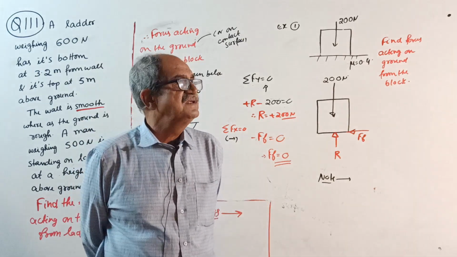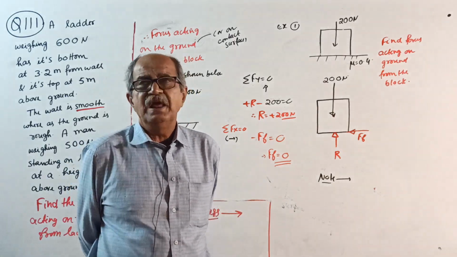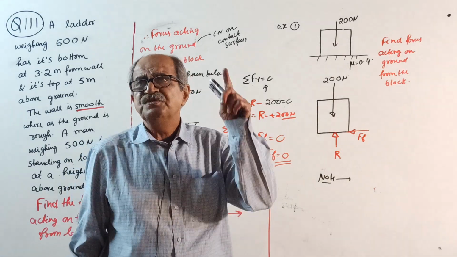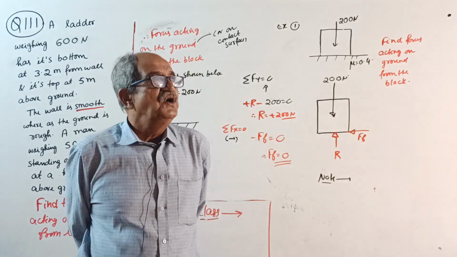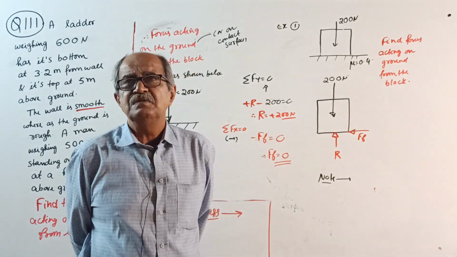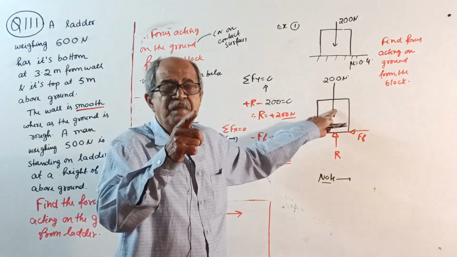Completely concept based. There I will explain so many examples where I will tell you the forces acting on the support from the supported member. See here, this block is the supported member.